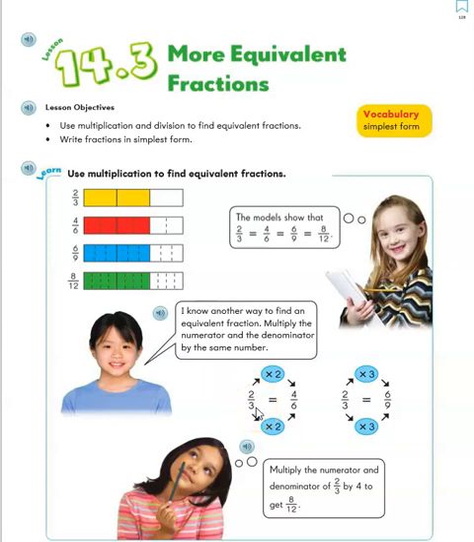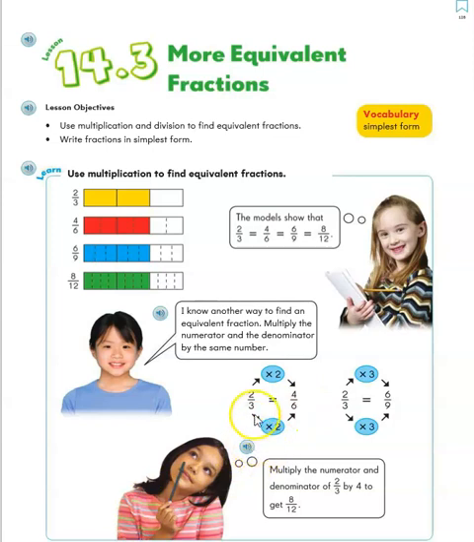So all we have to do is multiply our numerator by 2, or by any number that we choose, and then also multiply our denominator by that same number, and we will find an equivalent fraction. No matter what number we choose to multiply, as long as we multiply the top and the bottom, the numerator and the denominator, by the same number, we will always find an equivalent fraction.